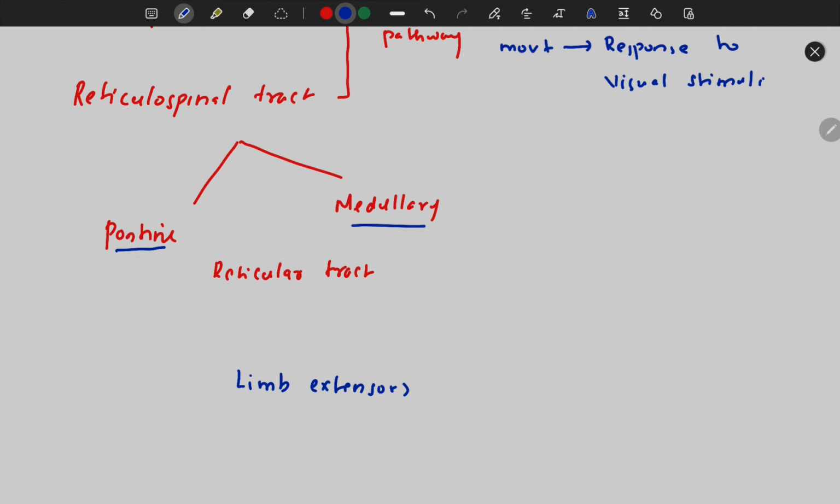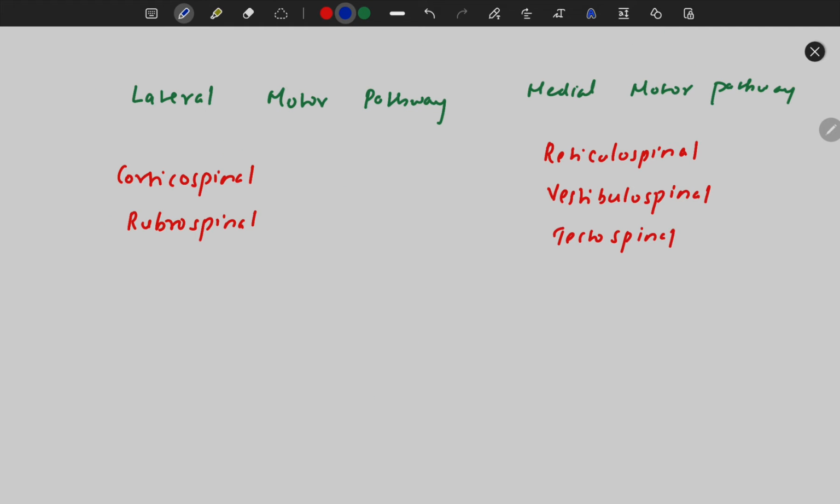The pontine reticular tract is excitatory to the limb extensors, whereas the medullary reticular tract is inhibitory to the limb extensors. So altogether we can say that we have a lateral motor pathway as well as a medial motor pathway.